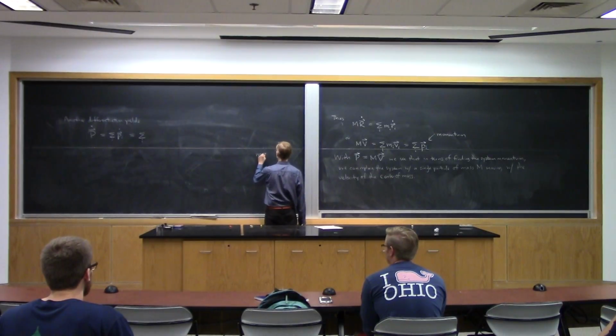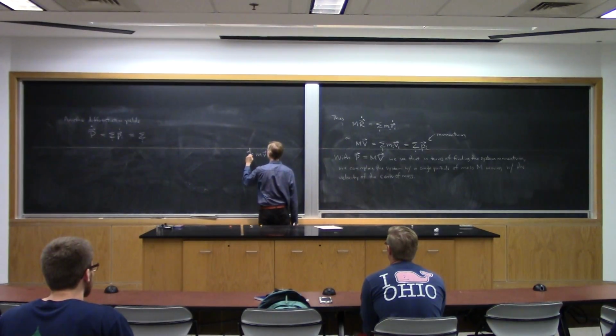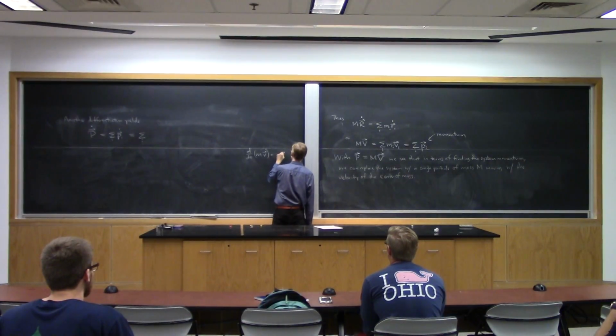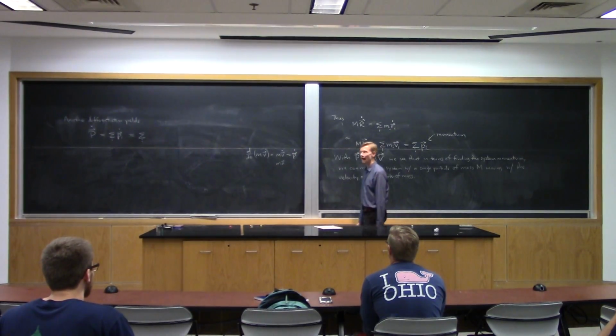Because if I take d/dt of mv, well that is m v dot, which is p dot. Of course, another name for v dot is a, so ma is p dot.